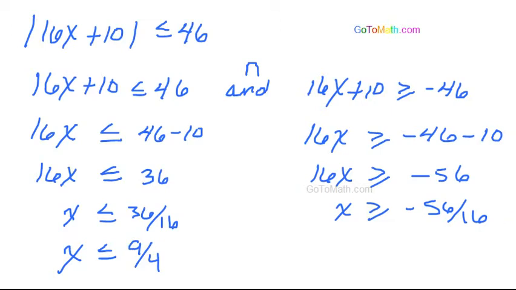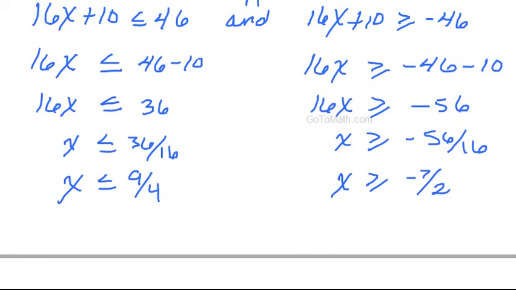What does that reduce down to? Negative 7 halves. 8 goes into 56 seven times, and 8 goes into 16 two times. So that's negative 7 halves.